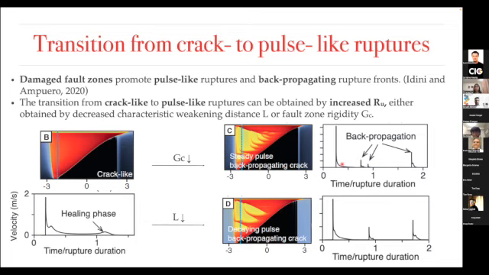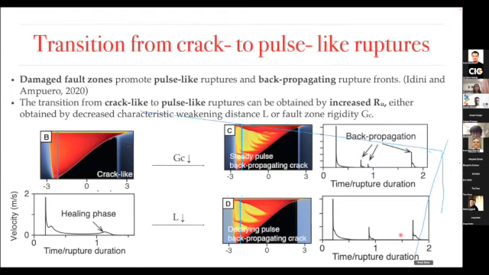And we see similar results to the other studies, that a crack-like rupture transfers to a pulse-like rupture with a highly damaged fault zone, or in other words, reduced GC. And we also see these back propagating ruptures as well. But we also see that a decreased characteristic weakening distance L can do similar work to transfer the crack-like mode to this pulse-like mode.